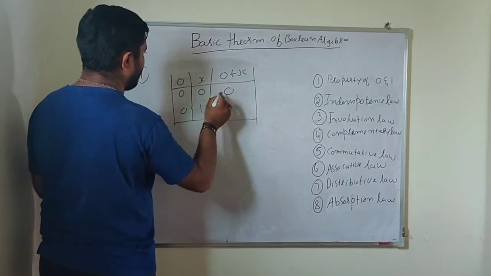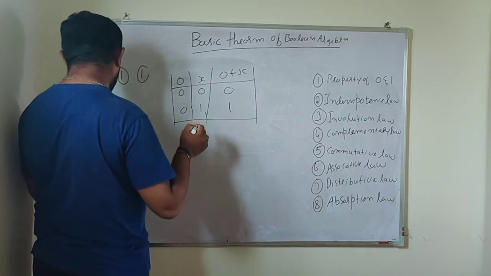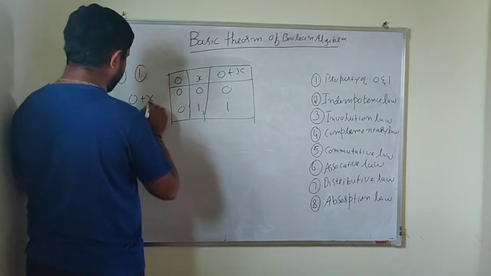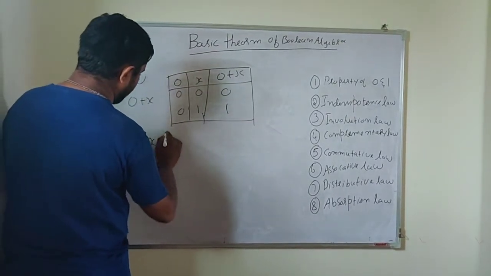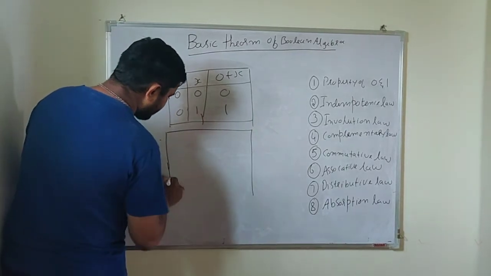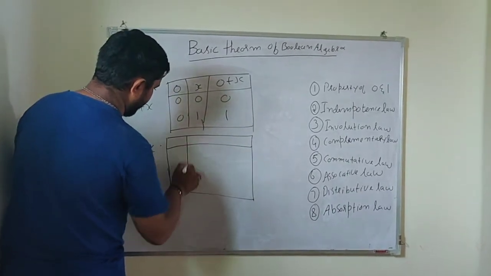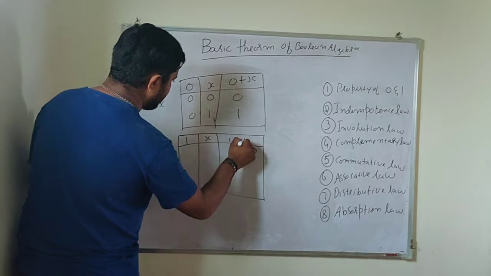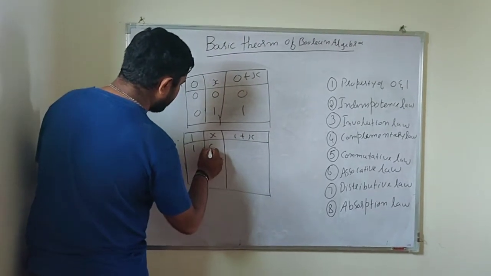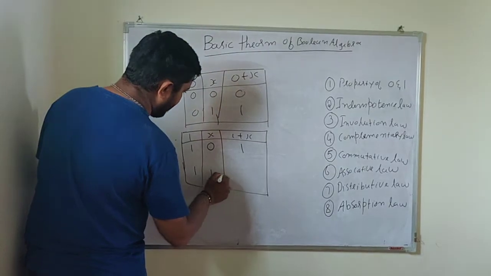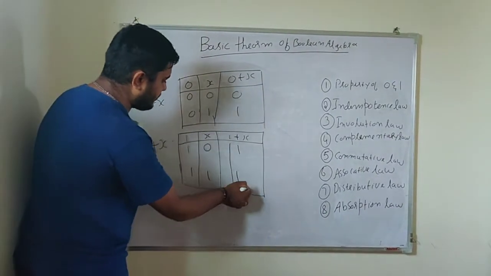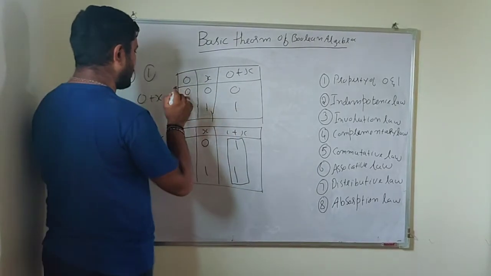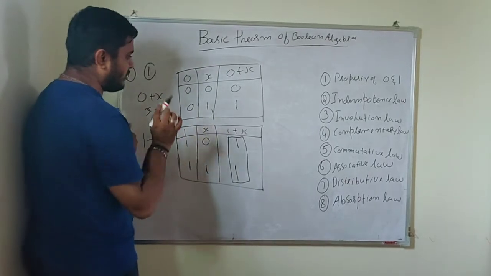Now x = 1: 0 plus 1 is 1. Now 1 + x: for x = 0, 1 + 0 is 1, and for x = 1, 1 + 1 is 1. So whatever value you take for x, that value will be repeated back.